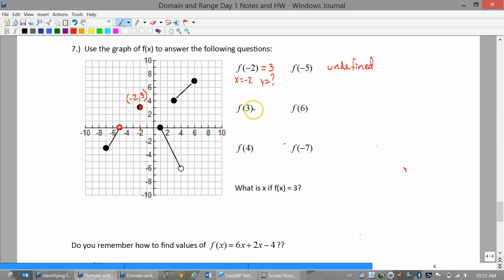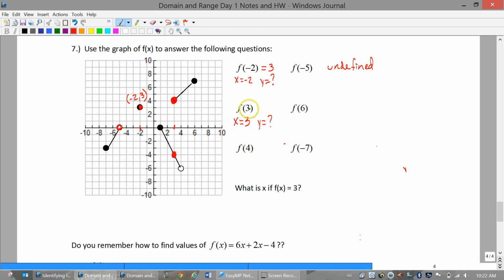If we look at f of 3, on the picture, what happens when x is 3? Well, x is 3 is right here, so it's there, and it's there. So what are the values for rule f when x is 3? What are the y values? In this case, if x is 3 from this picture, what's y?